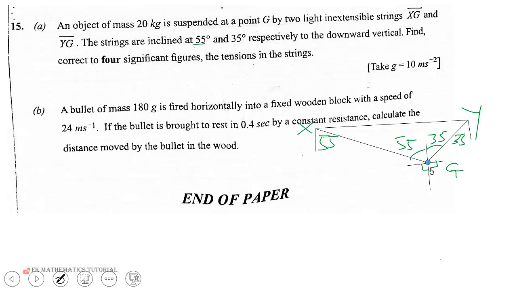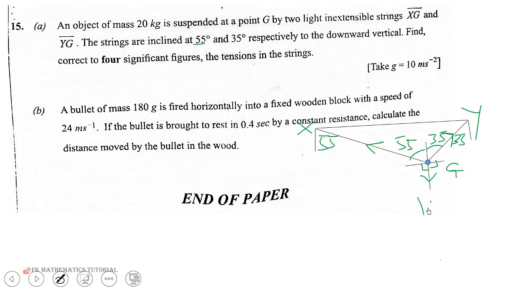So the tension will be moving upward, we're pulling upward like this. Then we have the weight of the body, the weight of this object, acting downward like this. So concurrent forces, we can use Lami's theorem here.